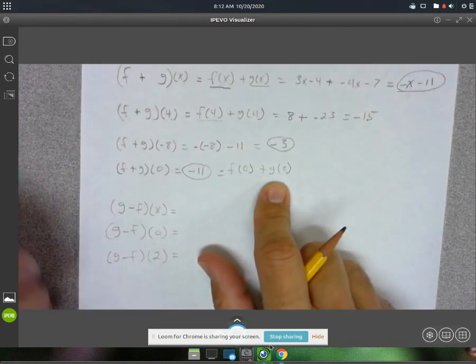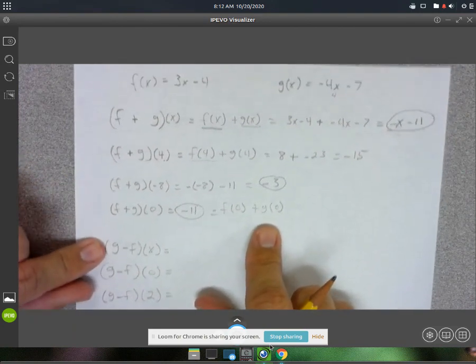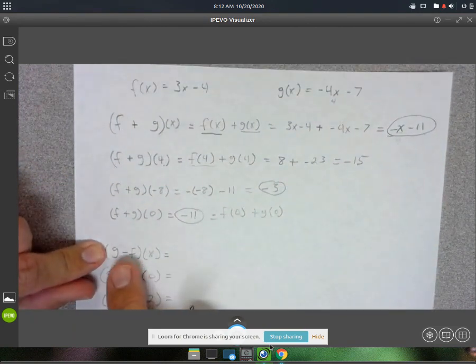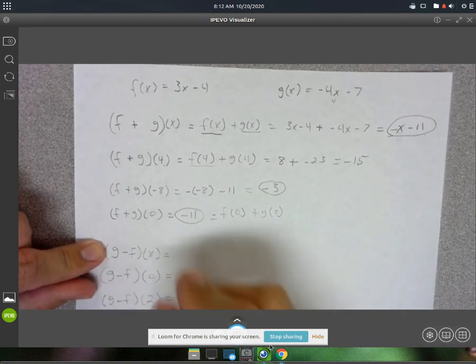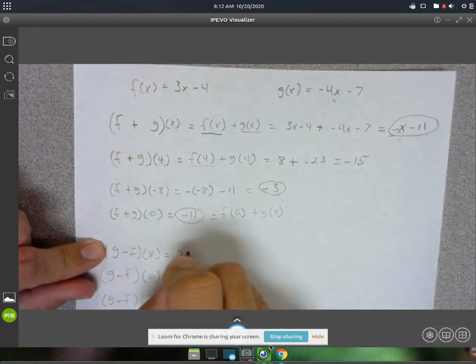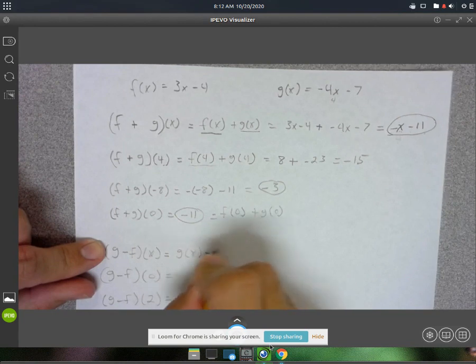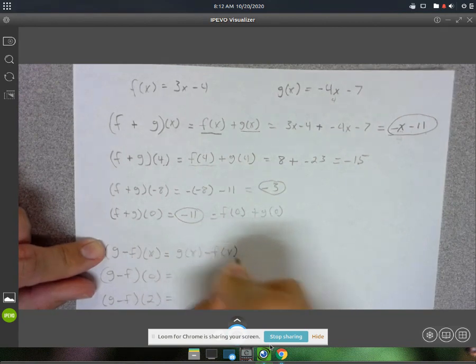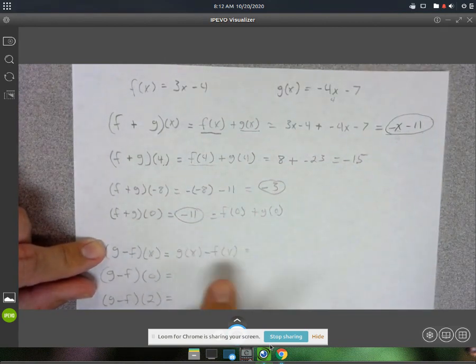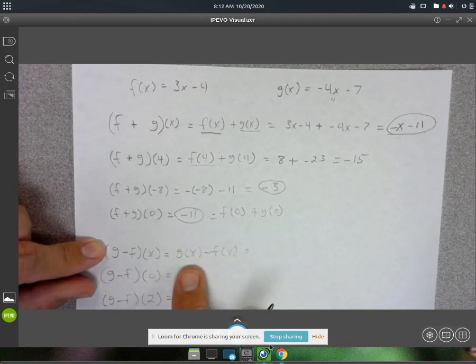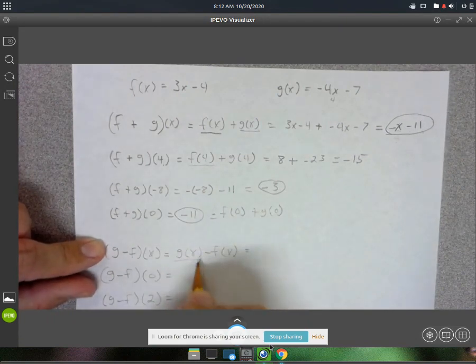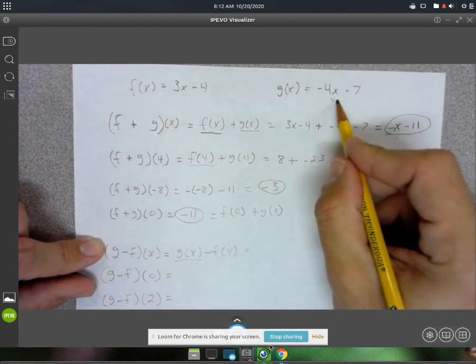All right. So in this one, we're doing g minus f of x. First we have to rewrite it as g of x minus f of x. This time I am going to put these in parentheses. So g of x is first: negative 4x minus 7.